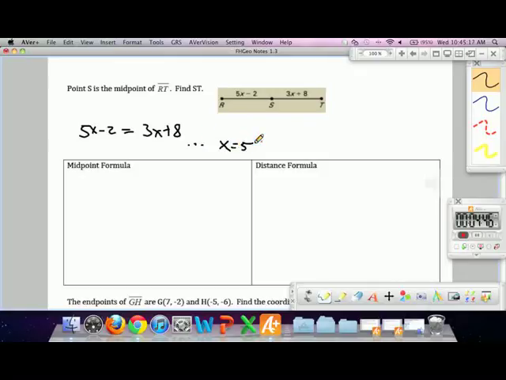I asked for ST, and our final answer was the length of segment ST is 23. As a check to your work, you could plug this into RS and make sure you get the same length. And in fact, you do get 23 as well.